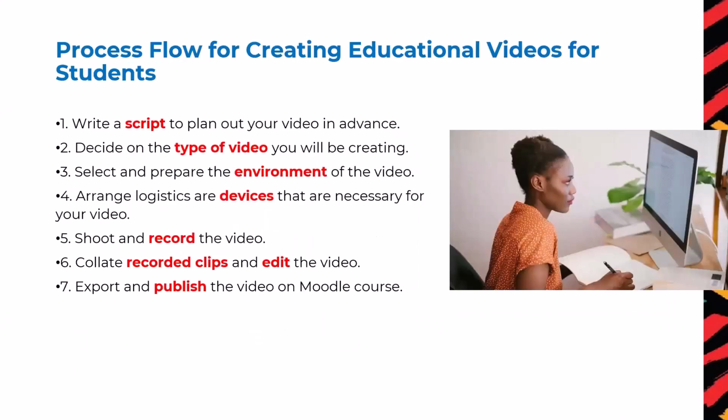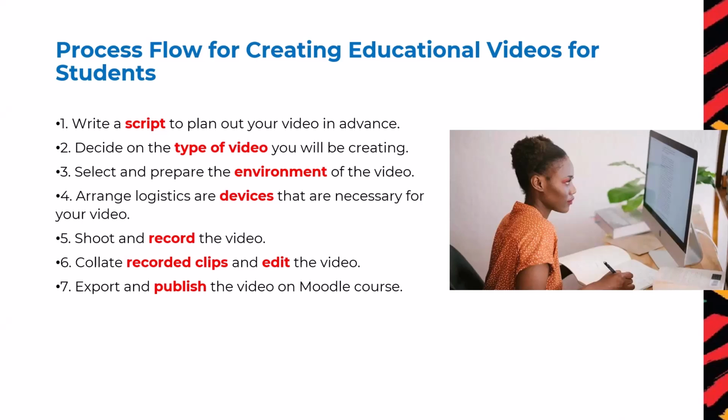Now, for the process you're going to take to record this video, first, you need to know what you want to record, and that is the script. Do you want to record the lesson? Which part of the lesson? Identify that. We have seen different types of videos. Which one do you want to develop? You will need to decide on the type of video.